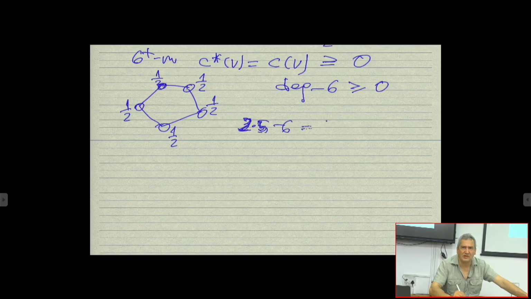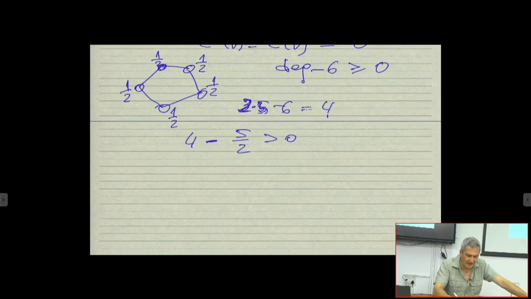It's 4 initial charge. And it can send 5 over 2. So initial charge minus the charge sent, this will be strictly positive. So 5-faces will stay positive. 6-faces, and so on. Let's do it in general. Let's say like this.